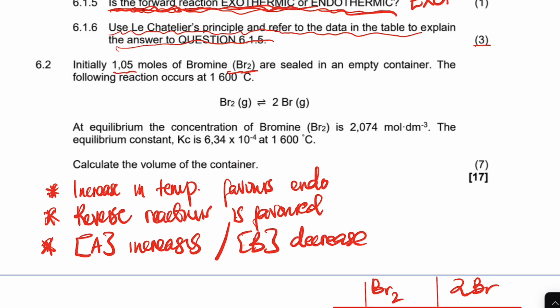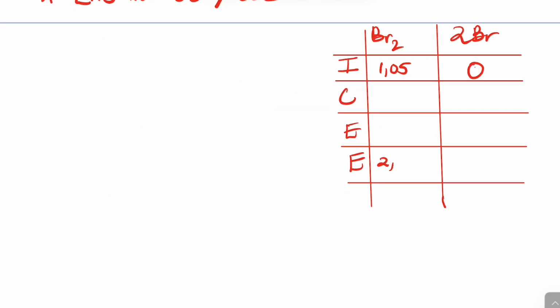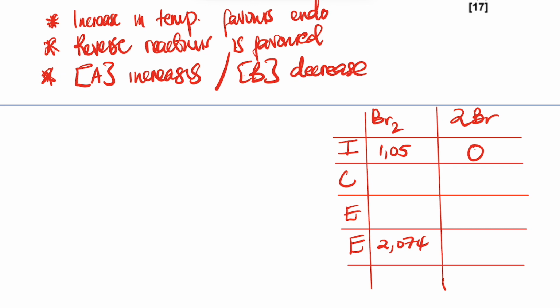We were told the concentration at equilibrium of the bromine gas, so we're going to put it there. It's 2.074. That's all we have for now.